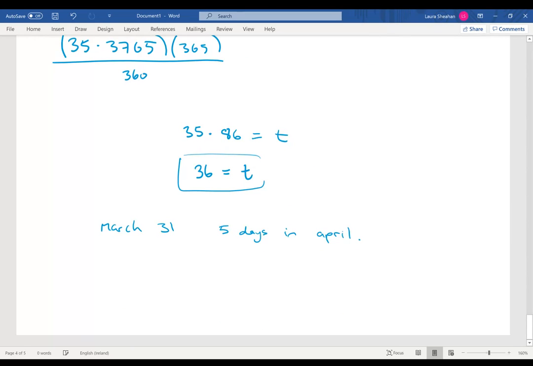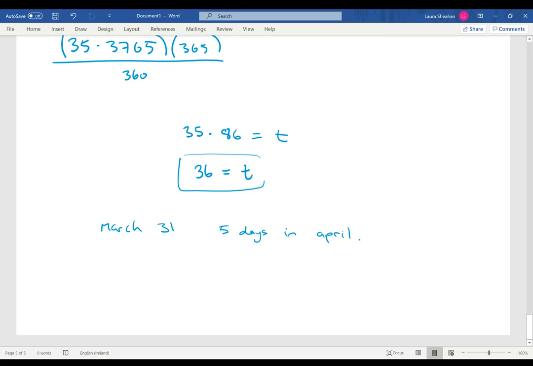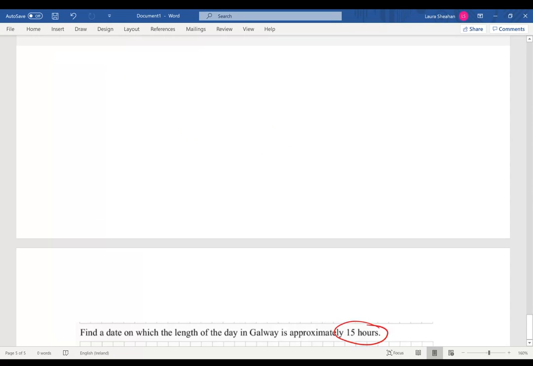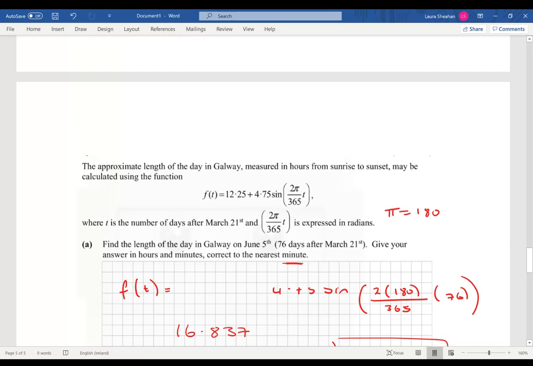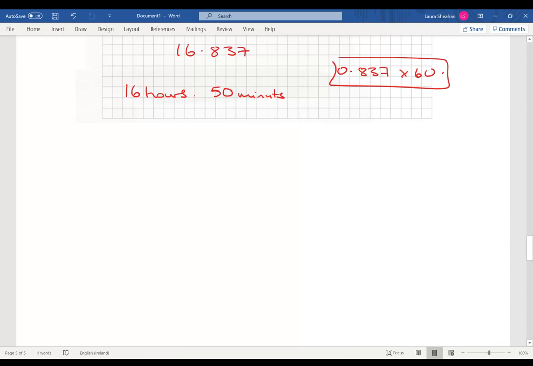My logic is failing me here. Actually, I read that question completely backwards. It's 36 days after March 21st, not March 1st.